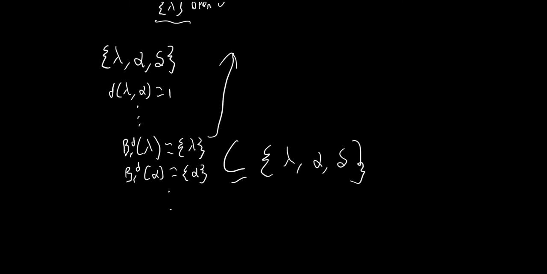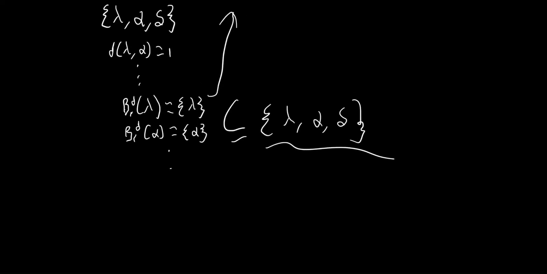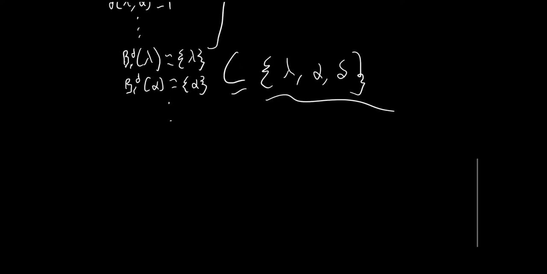Now because of this, the set contains an open ball around each of its points and is therefore open in the discrete metric sense.